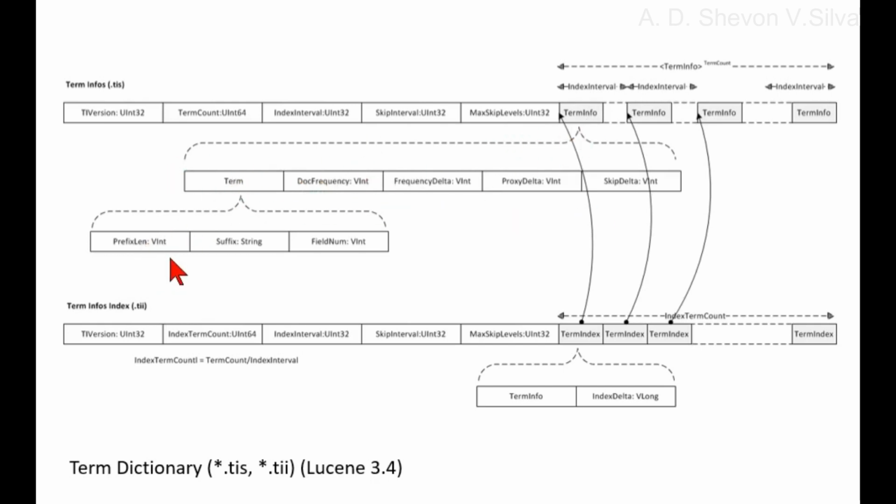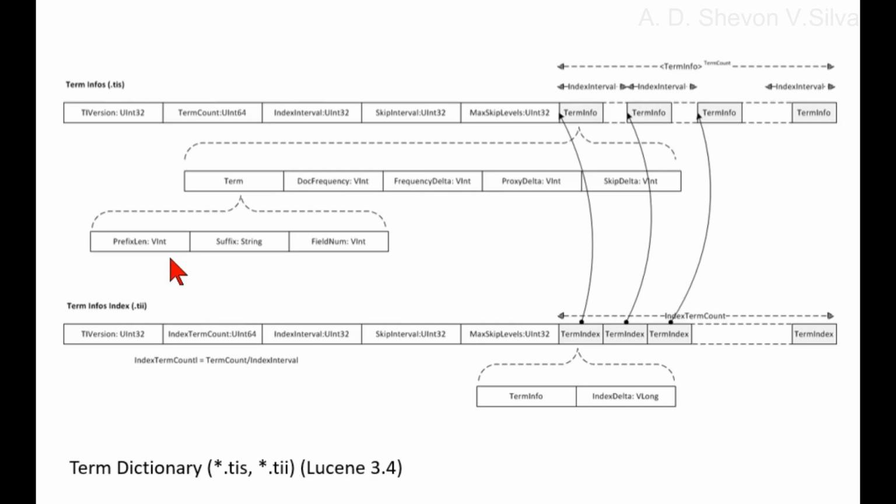Prefix length. The term text prefixes are shared. The prefix length is the number of initial characters from the previous term which must be prepended to a term suffix in order to form the term's text.